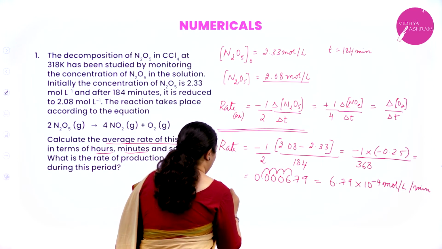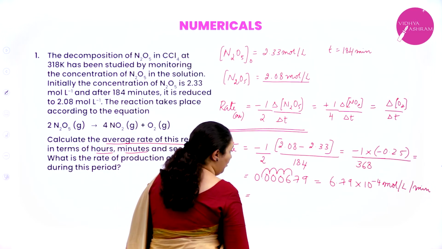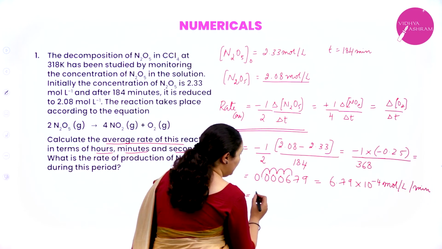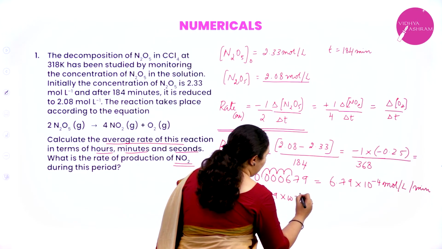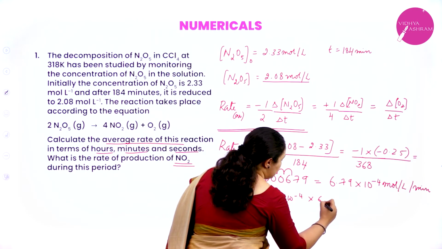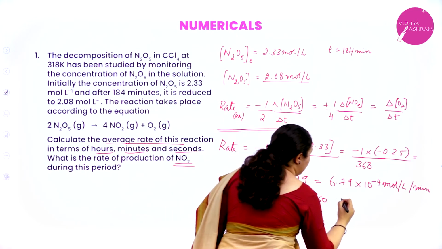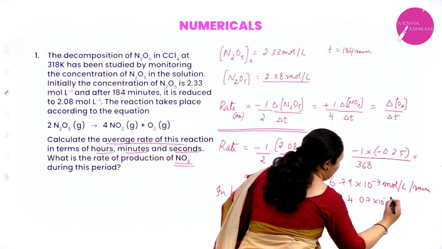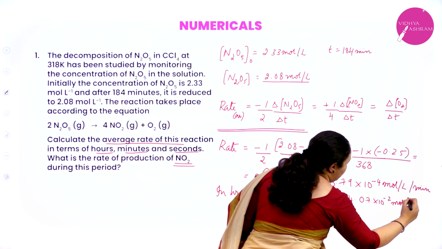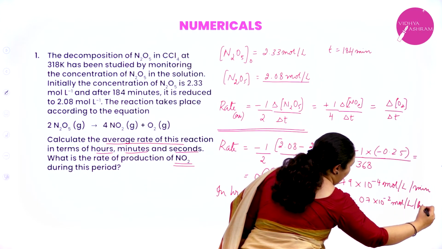So in hour, it is 6.79 into 10 to the power minus 4 into 60, which gives 4.07 into 10 to the power minus 2 mole per liter per hour.